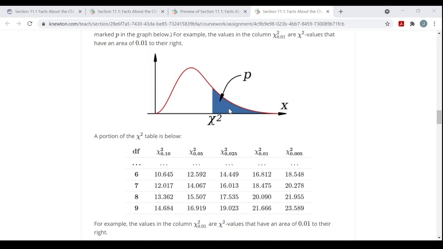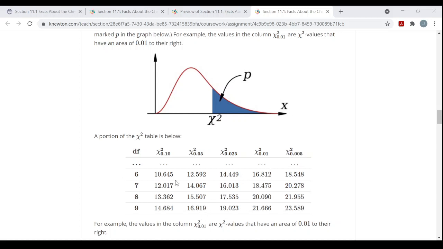For instance here, if I was looking at a chi-square distribution with 6 degrees of freedom, the chi-squared value on the horizontal axis that has 10% to the right of it would be 10.645. The value with 5% to the right would be 12.592. The value with 2.5% to the right would be 14.449, and so on.